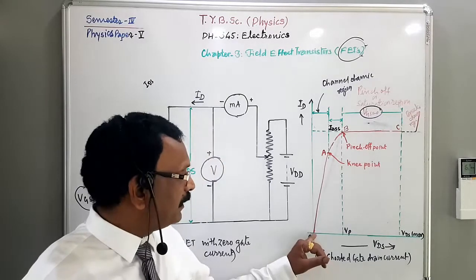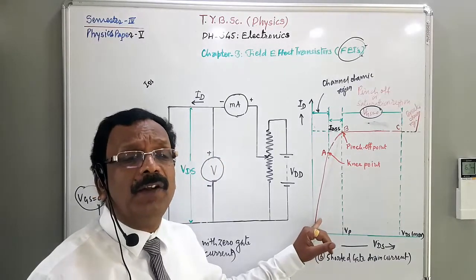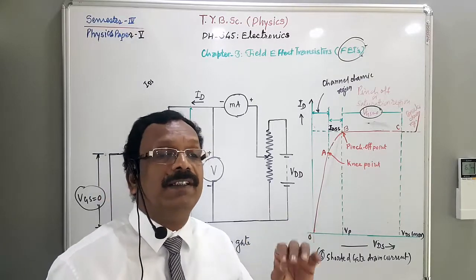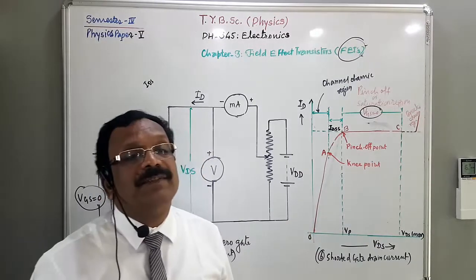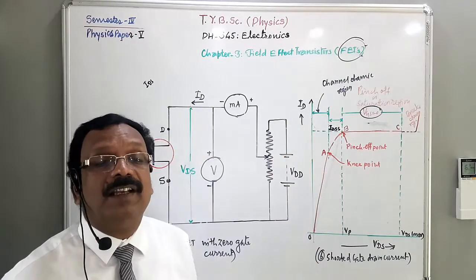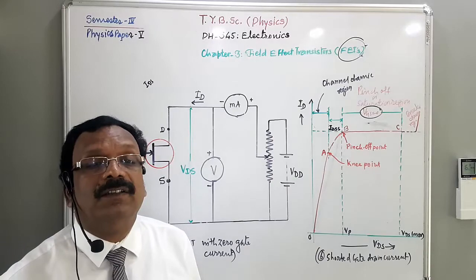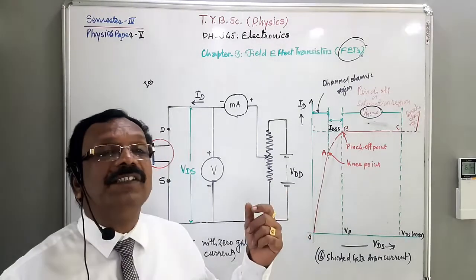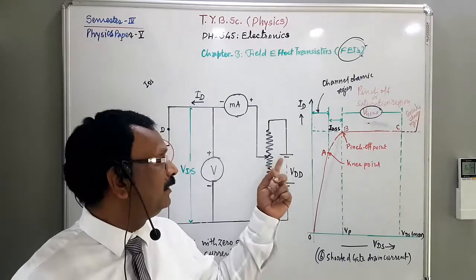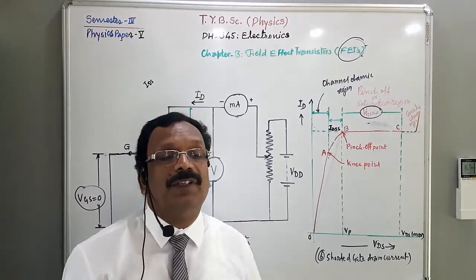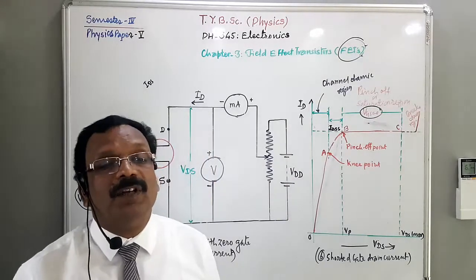When VDS is increased by a small amount, the drain current also increases by a small amount, causing some voltage drop across the channel. Due to this, the gate channel junction is reverse biased by a small amount.